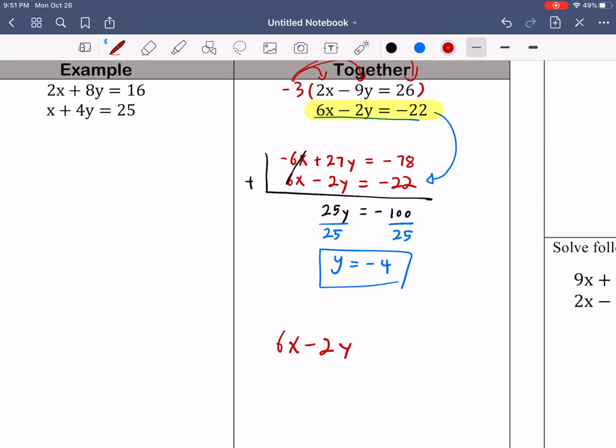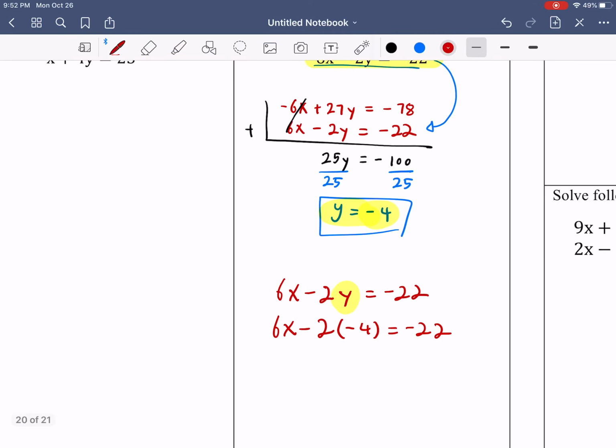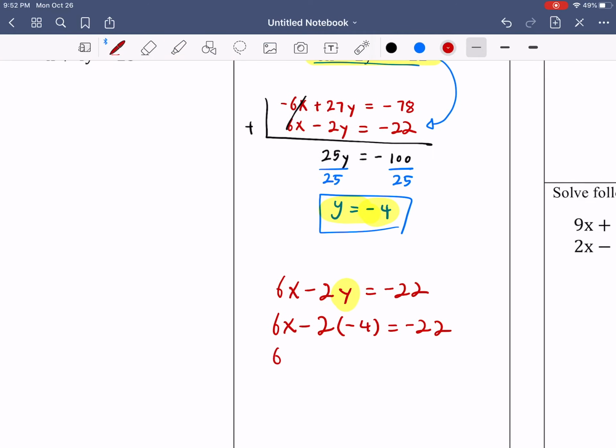I'm going to copy this one down. And now instead of y here, I'm going to put negative 4. Just in case you don't know where I got this from, I got it from here, because y is equal to negative 4. So 6x, negative 2 times negative 4, you get positive 8 equals negative 22.